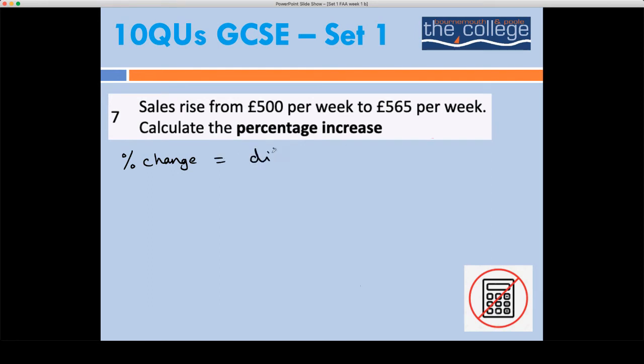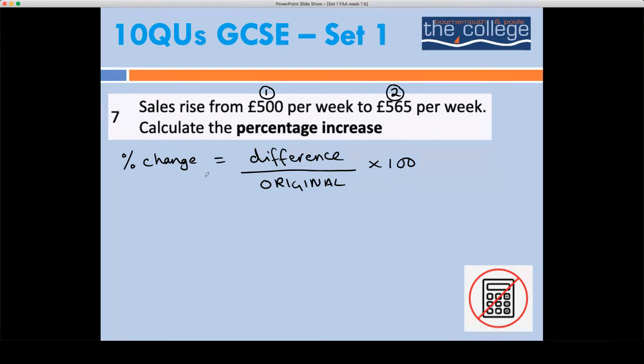So the difference between your first price and the second price you were given. And you have to divide it, okay, by the original price. So this is a standard formula. And at the end, you would times it by 100 because this bit here would give you a decimal, and then you can lift out the percentage. Some of you might spot it, but times it by 100 gives you the actual percentage. So this is your first price, okay, and this is your second price, okay. So the difference between those 2.